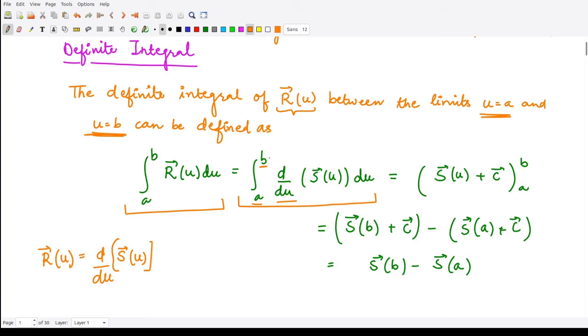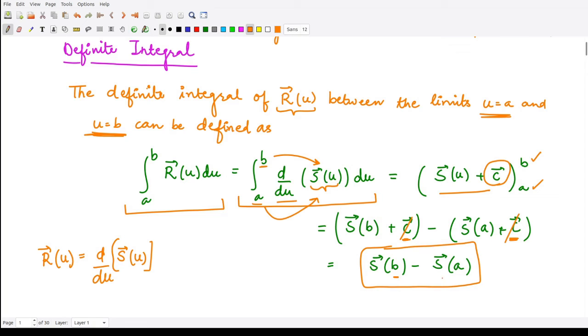That means we calculate the value of the vector s at the point b minus the value of the vector s at the point a. Moreover, the constant vector c will remain as such because the limits won't affect it, since it is constant in nature. So this vector and this vector cancel out each other. Finally we have the vector s calculated at the point b minus the vector s calculated at the point a as the definite integral of the given function r of u.